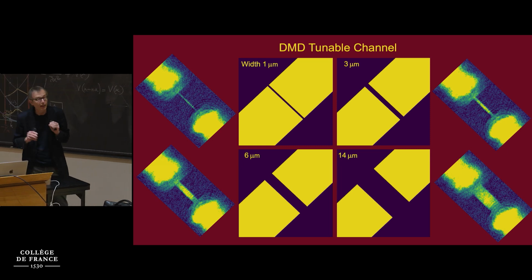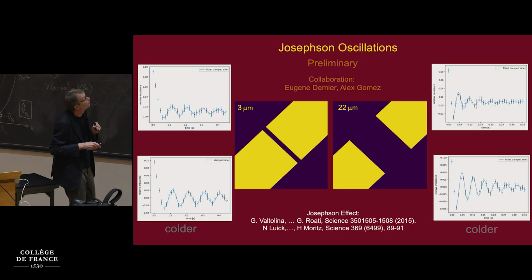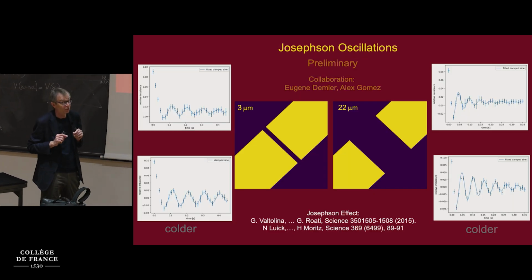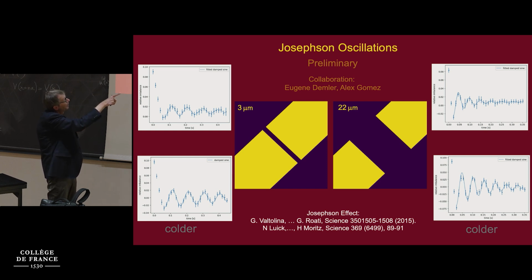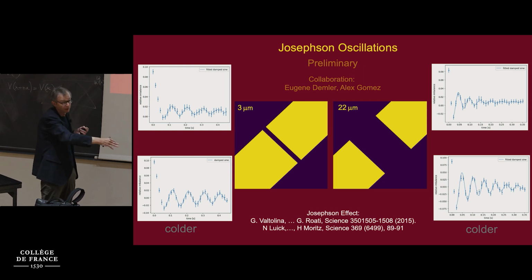Then we were very happy to see regimes with oscillations, and that was not in the very narrow channel, it was a bit wider channel. There we saw some very nice oscillations. And then if we go up in temperature, they would damp faster.